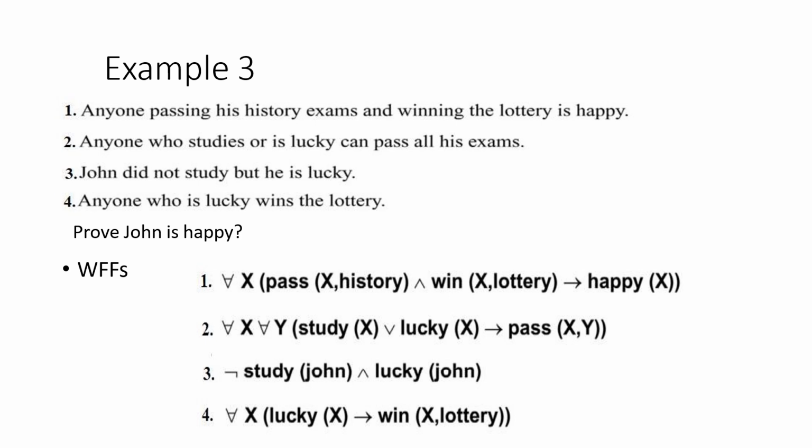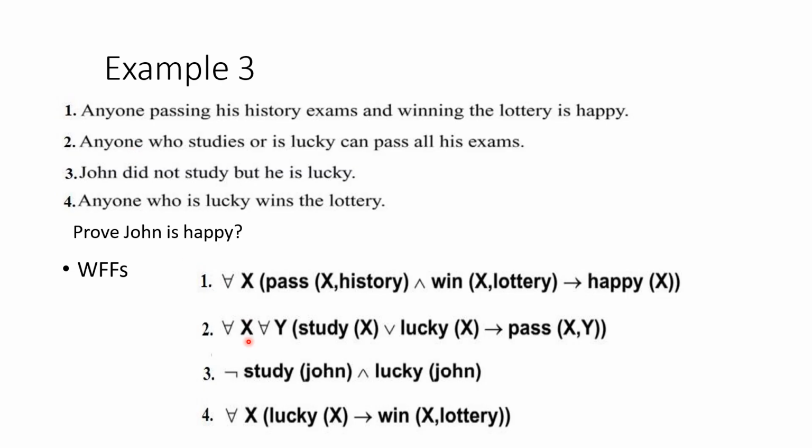The first one: anyone passing his history exam and winning the lottery is happy. We can use the universal quantifier, because for all x passing the history exam and winning the lottery is happy. So we write for all x, pass x comma history and win x comma lottery implies happy x. Next, anyone who studies or is lucky can pass all his exams.